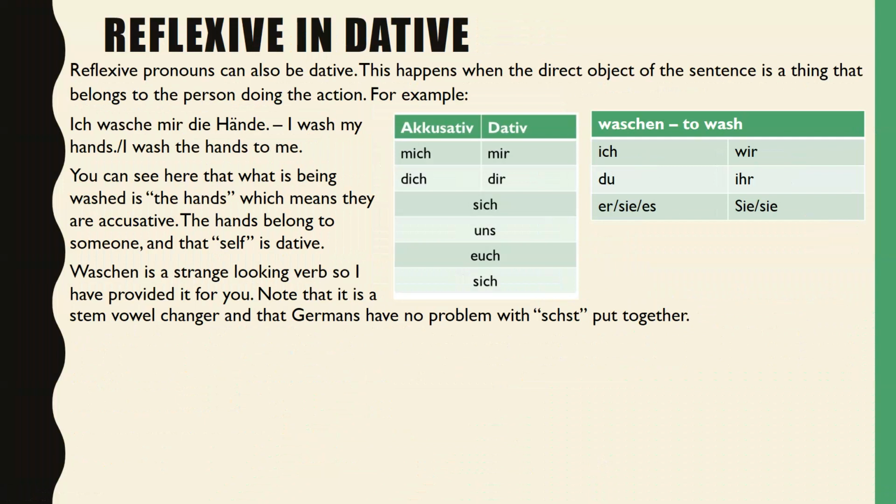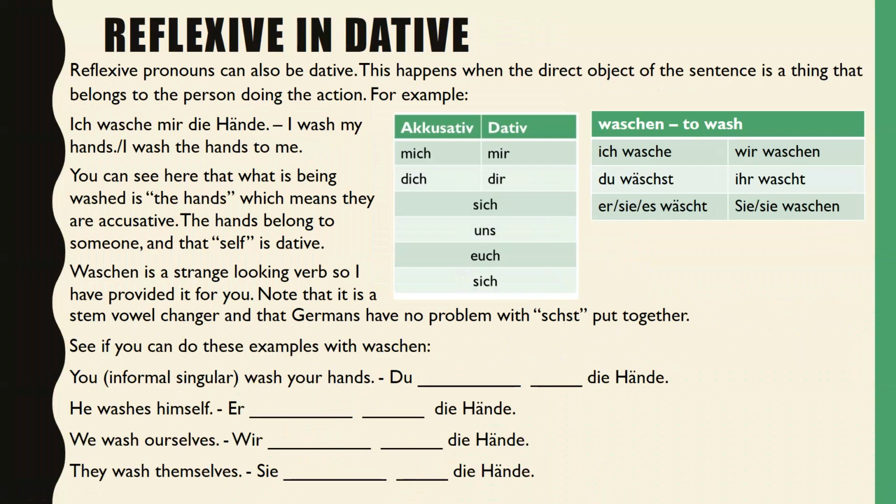Waschen is still a strange-looking verb, so I provided it for you. Note again that it is a stem vowel changer, and that SCH-ST is okay with Germans. We have ich wasche, du wäschst, sie es wäscht, wir waschen, ihr wascht, sie und sie waschen. See if you can do the following examples with waschen. Pause the video now and try them on your own.